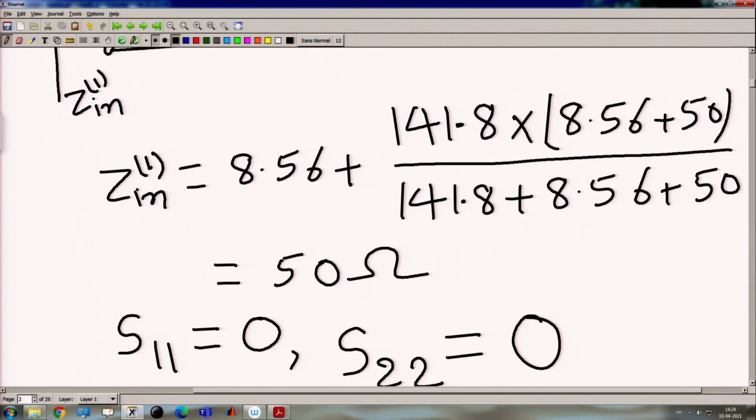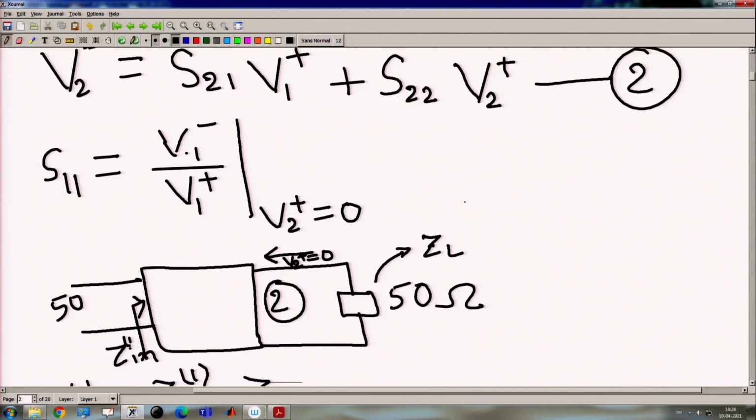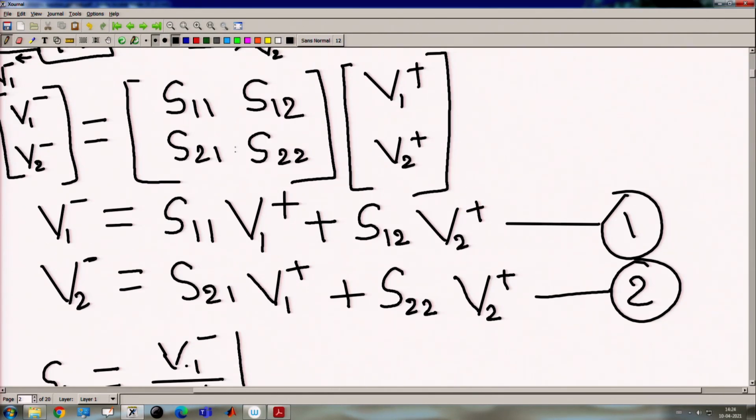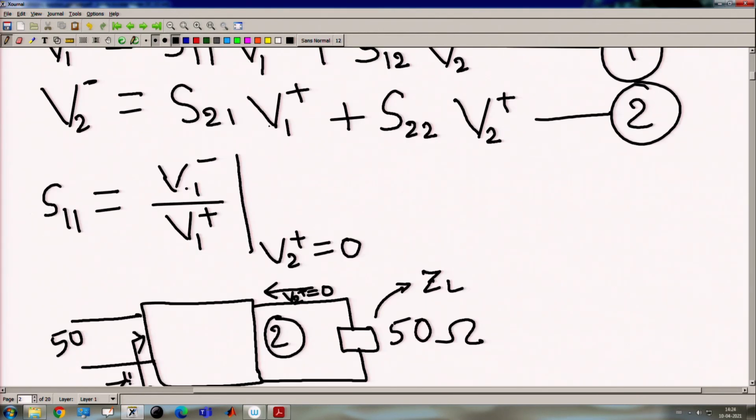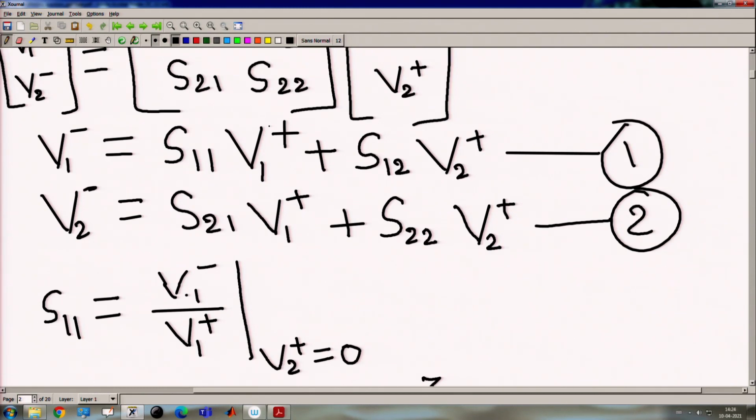After this, we have to find the remaining parameters, that is S12 and S21. Again, S21 and S12 will be the same, because this is symmetrical.